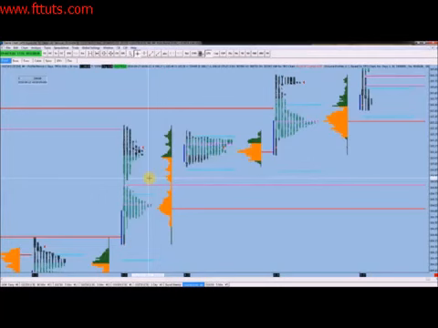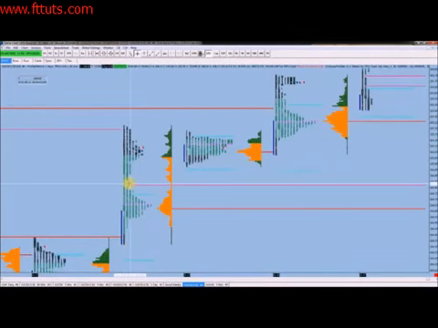And part of the skill is recognising when the market is going to shift from one day type to another. And that takes a varying degree of skill. On this day, you would have spent the whole day thinking that we are going to be building a P-shaped profile, and then something happened, we broke higher and we shifted into a double distribution day.